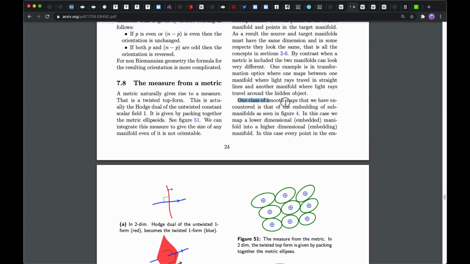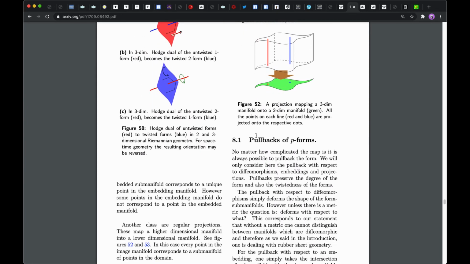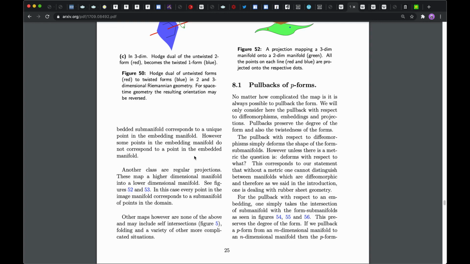Okay, so one class of smooth maps that we have encountered is that of the embedding. An embedding is a smooth map where we map a lower dimensional embedded manifold into a higher dimensional embedding manifold. So it's basically like an inclusion. In this case, every point in the embedded submanifold corresponds to a unique point in the embedding manifold.